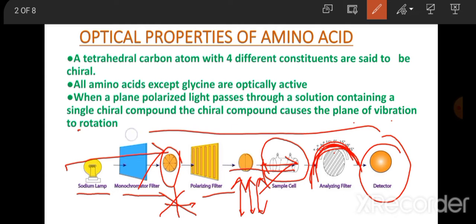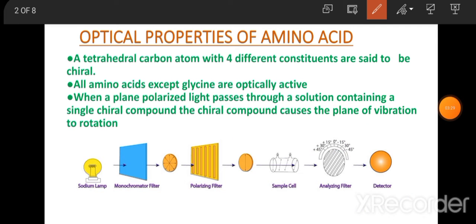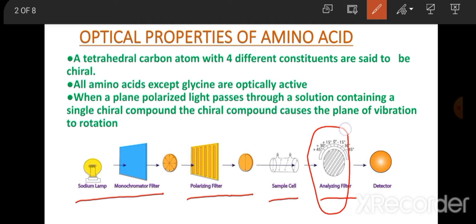The whole process is measured by a polarimeter. So here, unpolarized light passes through a polarizing filter, and this polarized light passes through a sample and an analyzer filter, and a detector measures what rotation occurs.